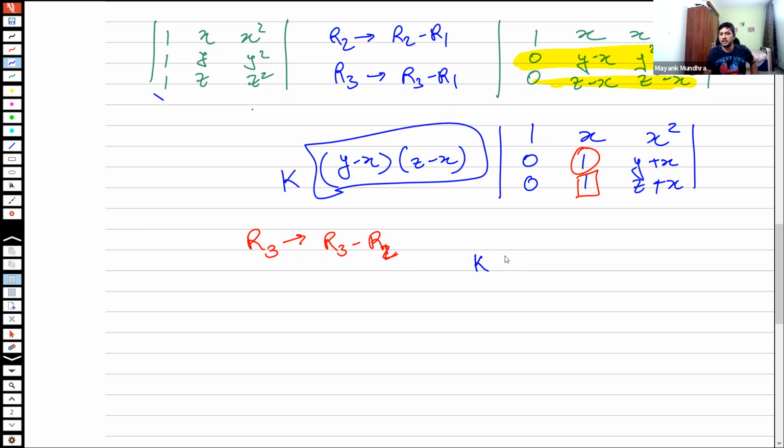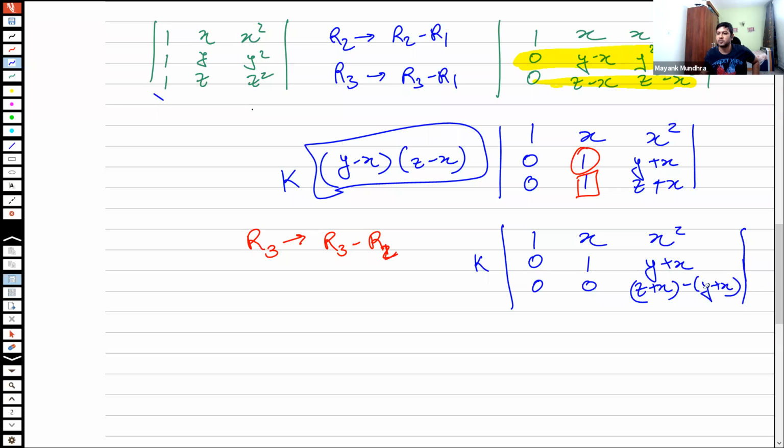So this becomes k times determinant of 1 x x square, 0 1 y plus x, 0 0, and this becomes z plus x minus y plus x. So that basically becomes z minus y.